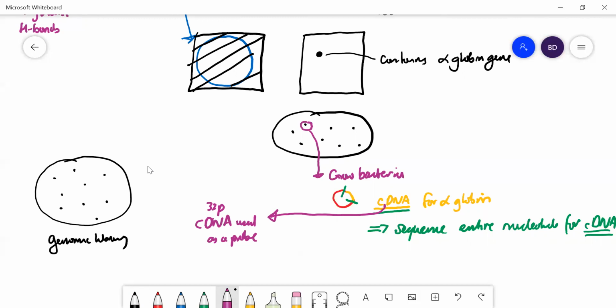So that will hybridise to any of those spots which contain bits of genomic DNA which code for the alpha globin gene. Do exactly the same thing again, nitrocellulose filter, incubate it with the radiolabeled probe, which you've got from the cDNA.